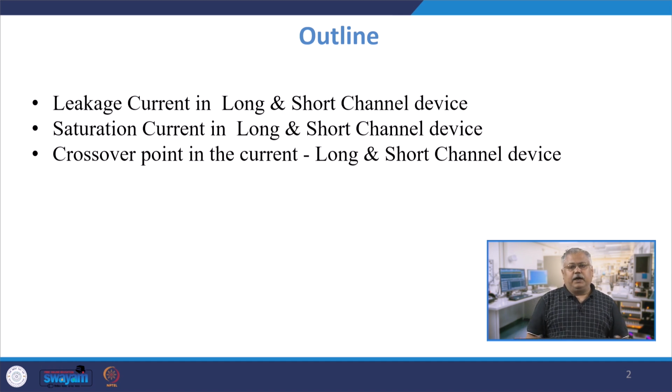So, typically why this lecture is important, first of all you should understand that these devices, when they are integrated in the form of circuits, are required to be operated at relatively very low temperatures around 4 Kelvin or even down to millikelvin.